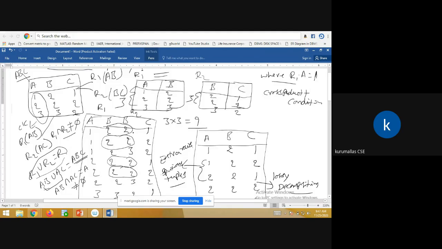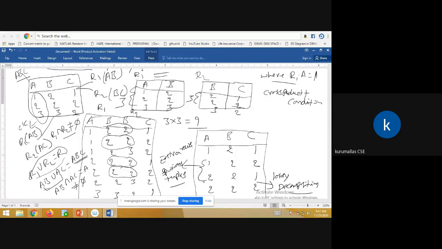If they ask about lossless decomposition, we have to split with the key attribute, then apply all these techniques and the total procedure, and then we can get lossless decomposition. Or there may be a chance they ask to explain fifth normal form. Both are the same, same answer, right?